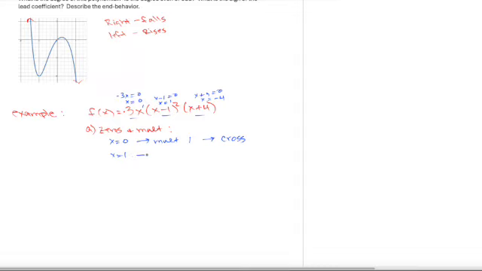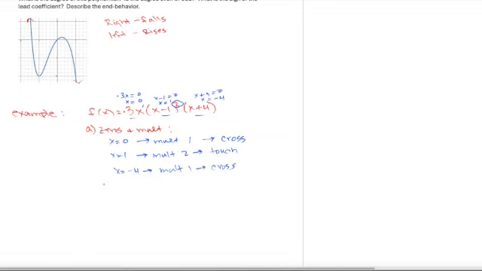x equals 1 has a multiplicity of 2, and that implies that the graph will touch at that particular 0, x equals 1. And then x equals -4 has a multiplicity of 1, again implying the graph will cross.